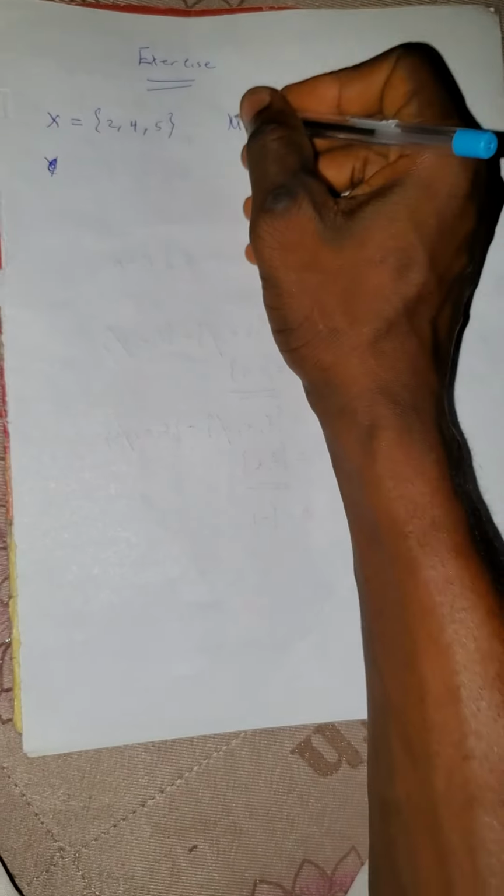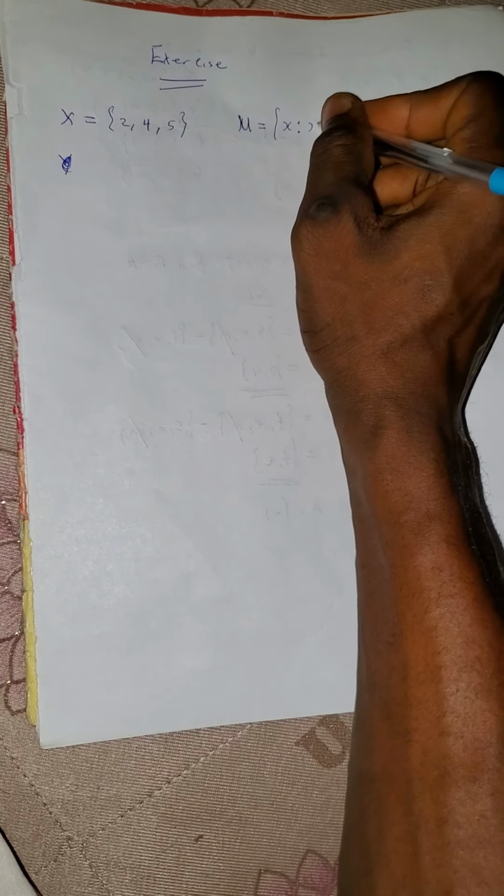Next question. Exercise. Now this question, I want to know the final answer in the comment section. If set X is equal to 2, 4, 5, and, let me just give you the simple question. Set X is equal to this. And you have the universal set, but you have to interpret this universal set.